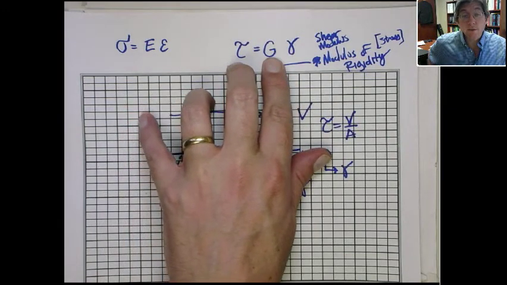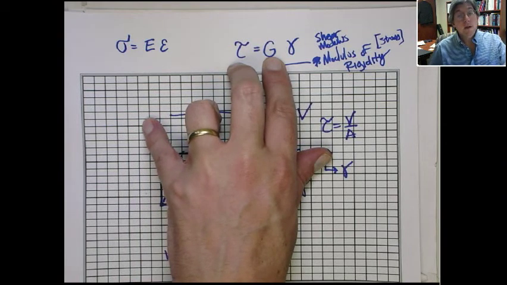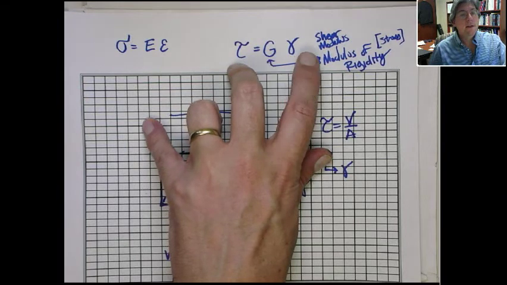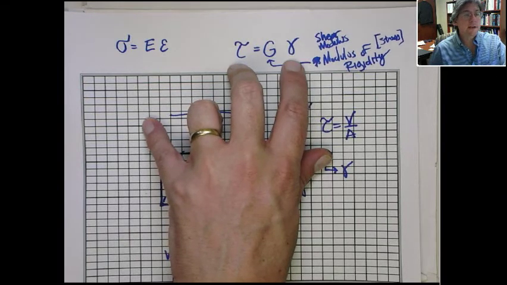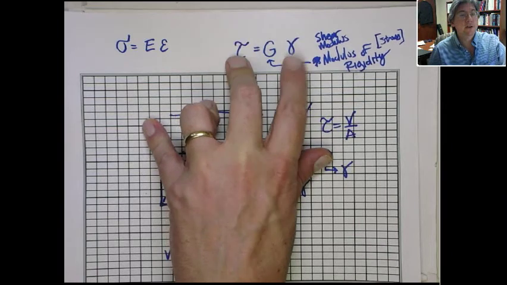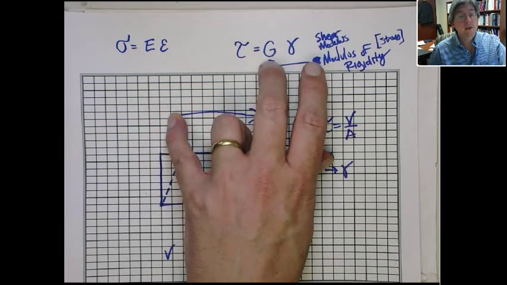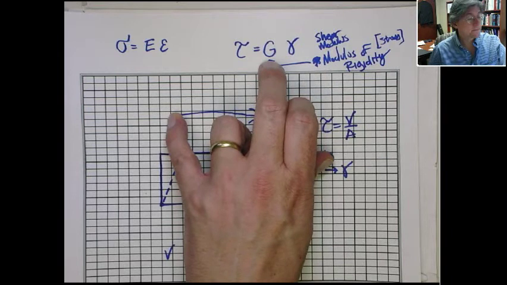For example, it's typically about a third of Young's modulus, and then from that you can determine the shear strain. Or if you're given the shear strain, you can determine the shear stress, or if you're given both, like in a material test, you could then determine the shear modulus, the modulus of rigidity. That's the way it works.